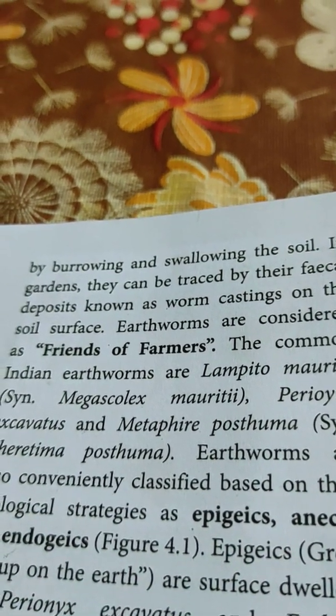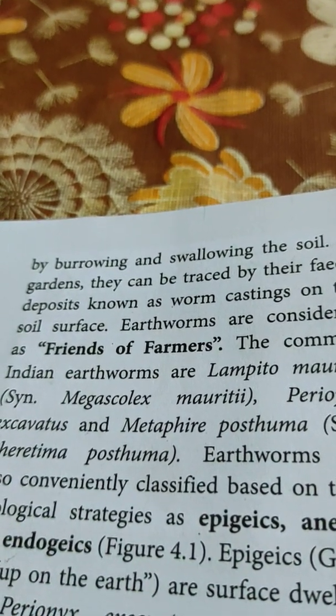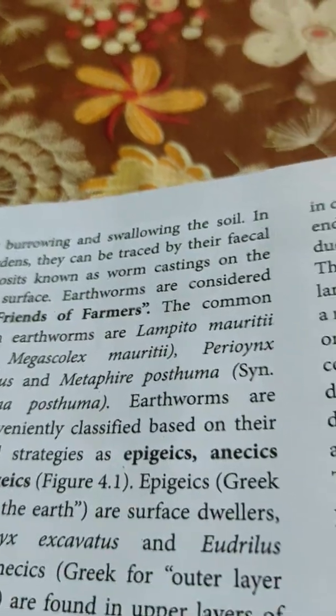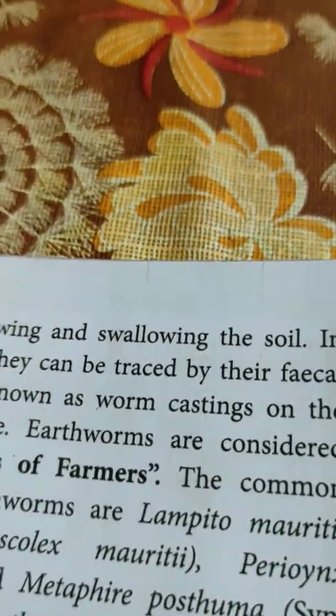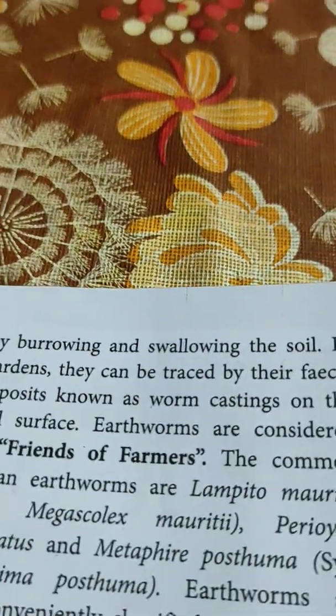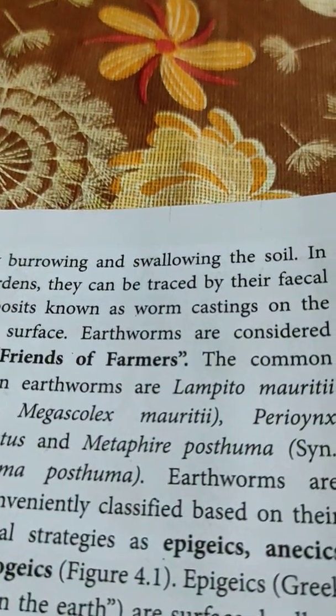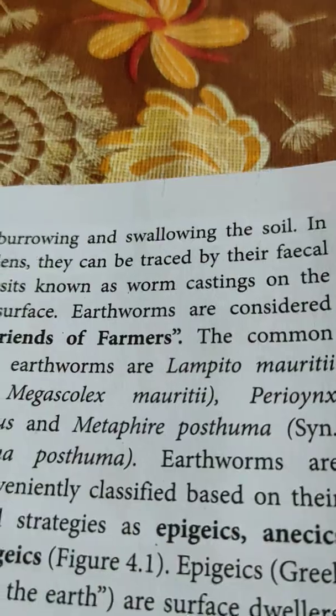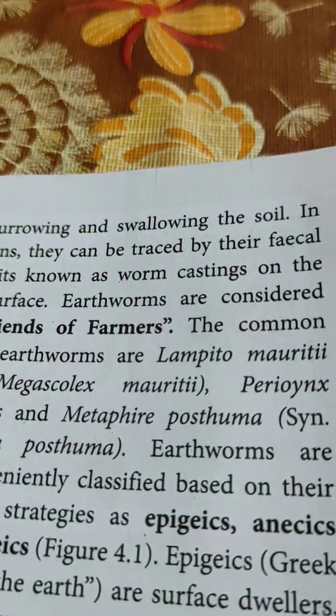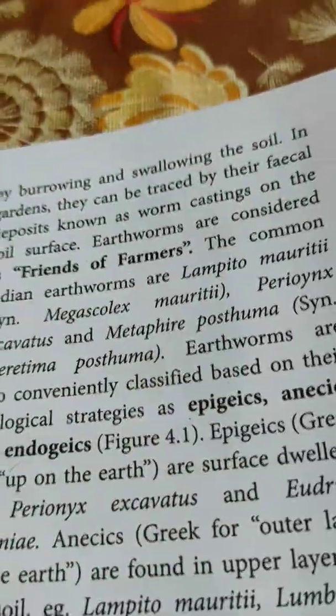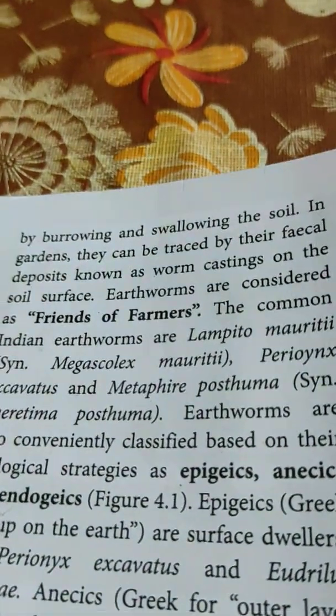By seeing these structures, we can say that an earthworm is present. So, in the gardens, they can be traced by their fecal deposits known as worm castings on the soil surface. Earthworms are considered the friends of farmers, because we will be discussing that in the last part.